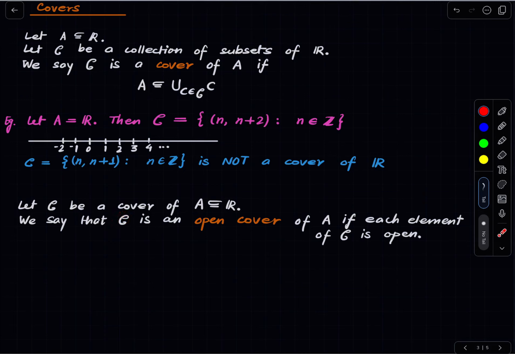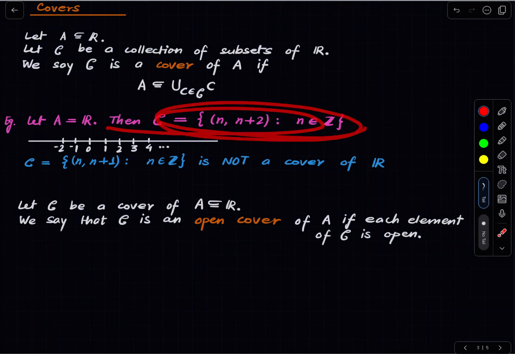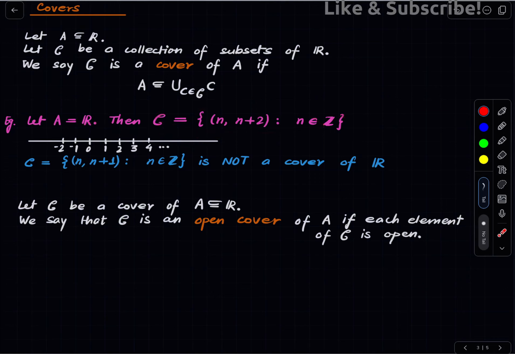Okay, so this is an example of an open cover of the set of reals. You can easily construct examples which are not open. You can just put closed intervals here and that would still be a cover, but it wouldn't be an open cover.